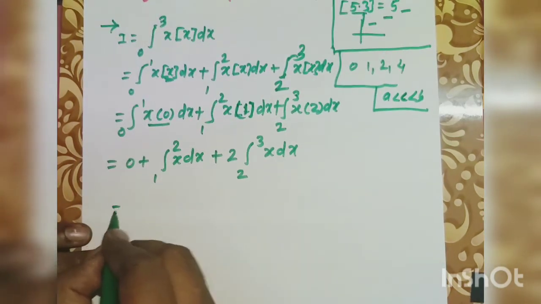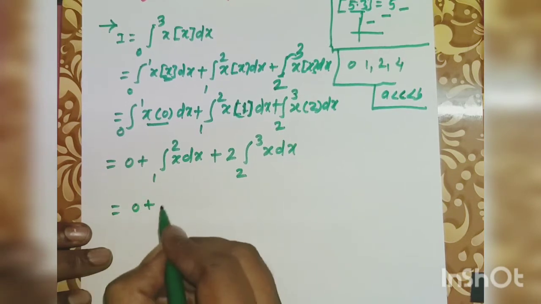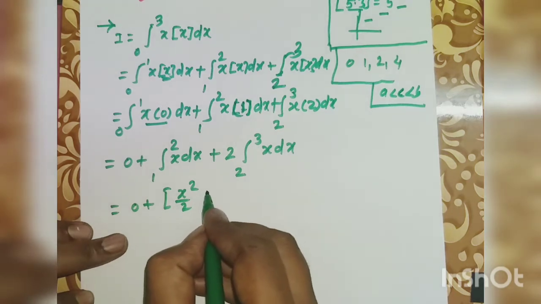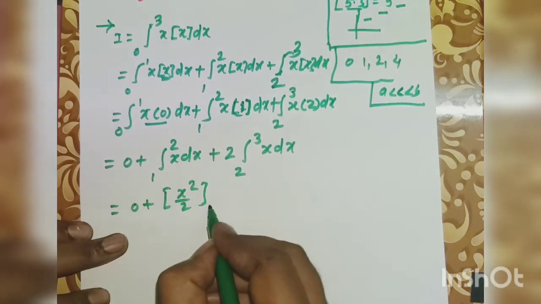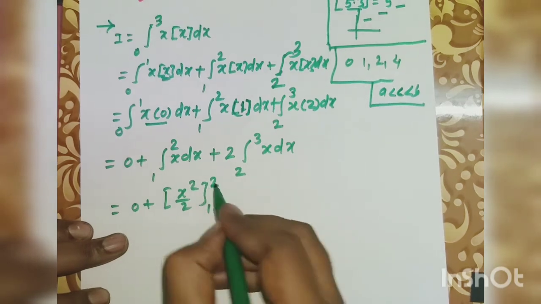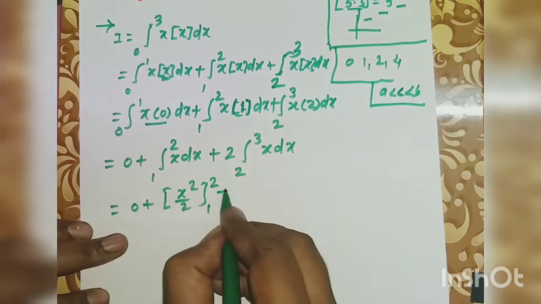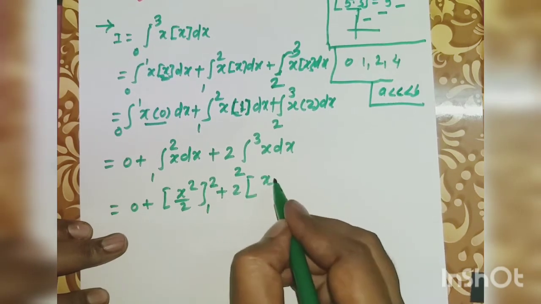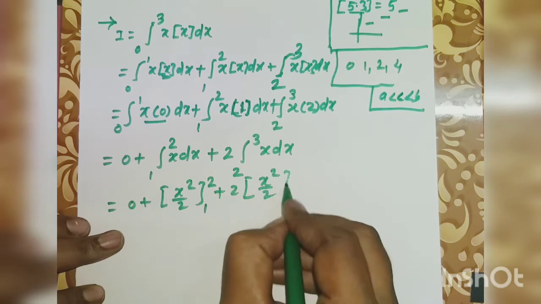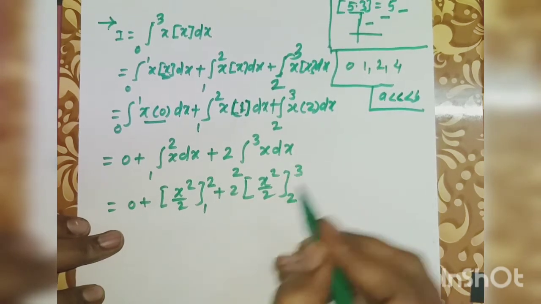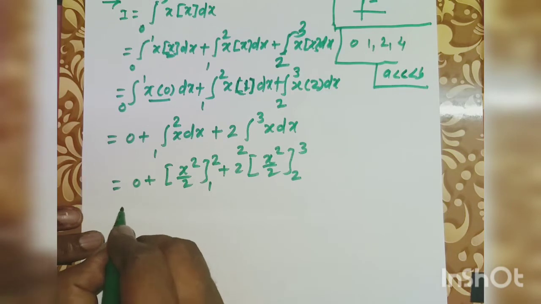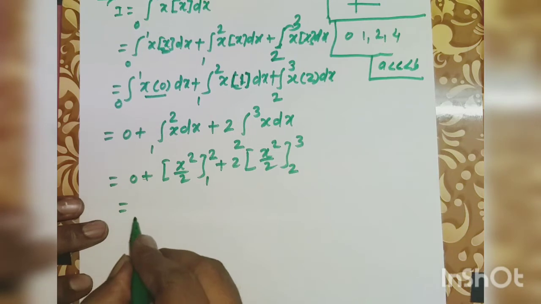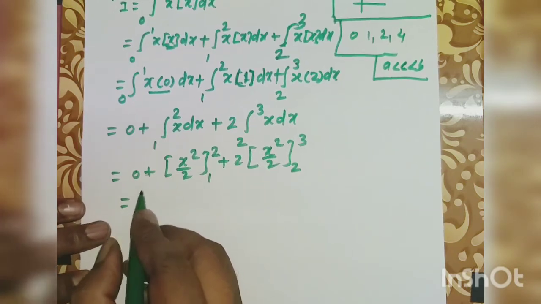dx is equal to 0 plus its integration is x square divided by 2, limit is 1 to 2, plus twice again the integration of x is x square divided by 2, limit is 2 to 3, is equal to, we can add the 0 in any term, value does not change, then I can write here 0.